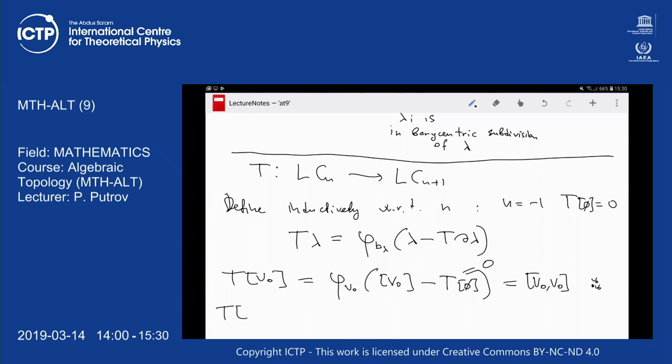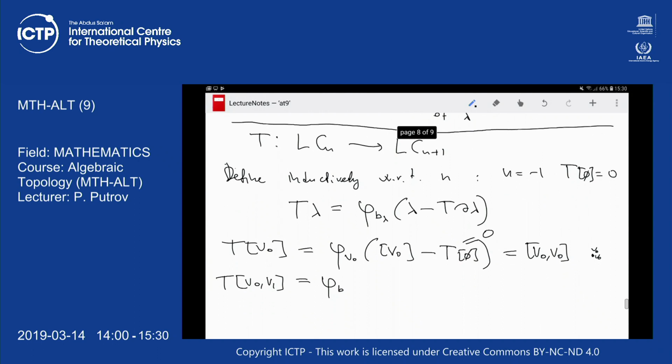And so let me give you one more example. So if T acts on an interval, the interval looks something like this. This is v0, v1. This will be its barycenter b in the middle. Then I use this formula, I take lambda, and then I want to act by T on the d of this guy.